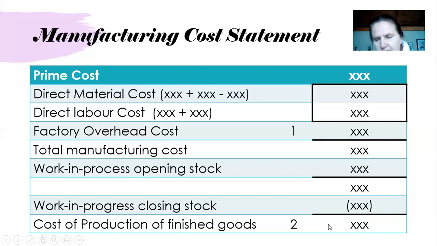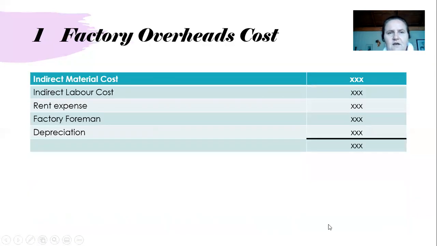So this figure we are going to use. The factory overhead cost, just like our ledger, includes indirect labor, indirect material, and any other expense that's involved in the factory only, no assets, costs or expenses only: salaries, insurance, any of those.